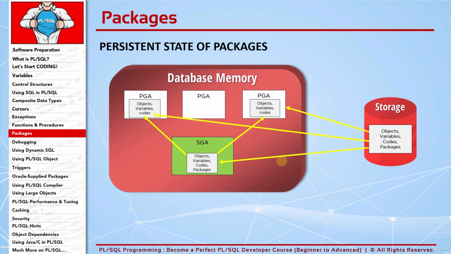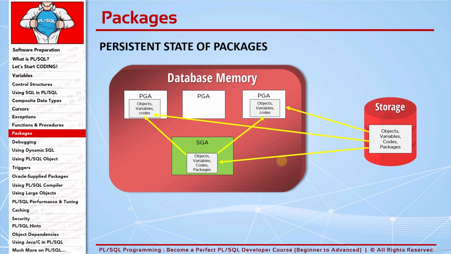So this memory area is private to a user, and no one else can see or touch these objects. Every user has their own PGA. The second memory area is the SGA, called the System Global Area, or by some the Shared Global Area. This area stores the shared objects, values, code, packages, etc. among all the users.